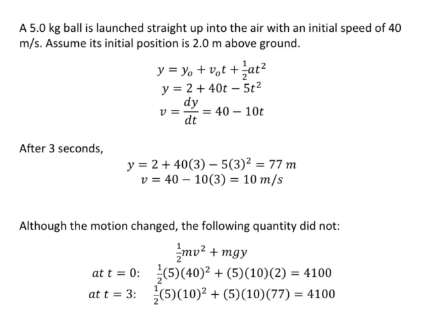If we take this information now and put that into this kind of magical formula here, this quantity 1/2 mv squared plus mgy, it turns out that the total amount stays the same. So if I put in the initial information here, the 40 meters per second and the 2 meters as the initial position, I end up with a value of 4,100 for this magical quantity, 1/2 mv squared plus mgy.